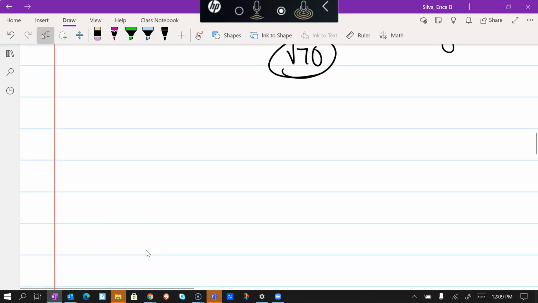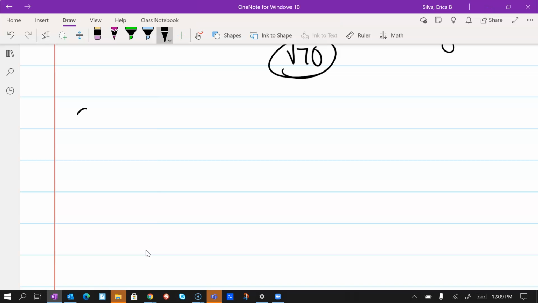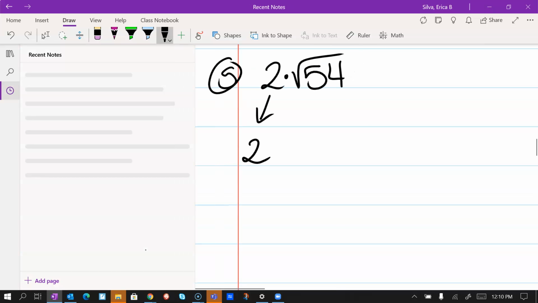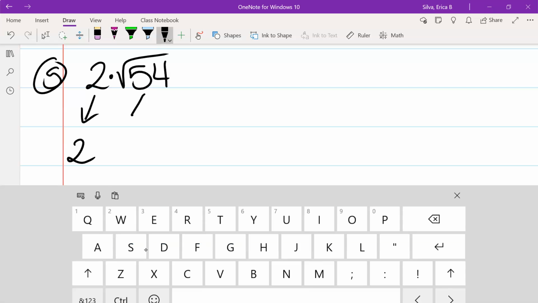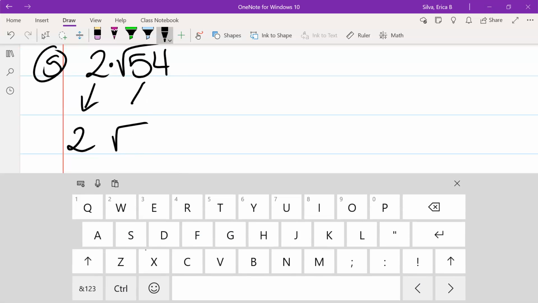So you should have gotten 6 square root of 6 for this next one. And some of you were so close. This is example 5. So we want to bring down that 2. And what was the largest perfect square? 9, right?